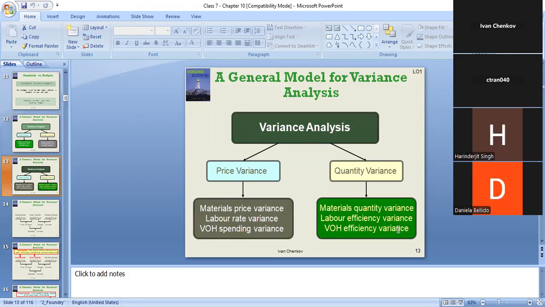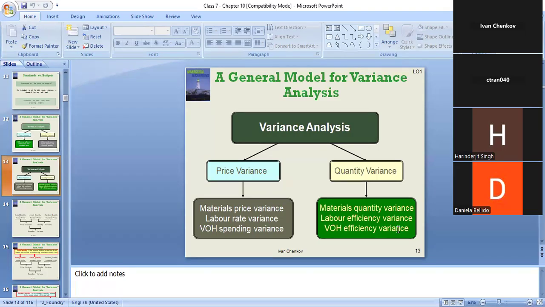Now, since we have the three costs for the product, we have direct material, direct labor, manufacturing overhead. So we're going to have three different price variances. Material price variance for direct material. Now we're going to change the terminology a little bit. Labor rate variance for direct labor, and variable overhead spending variance for the variable manufacturing overheads only.